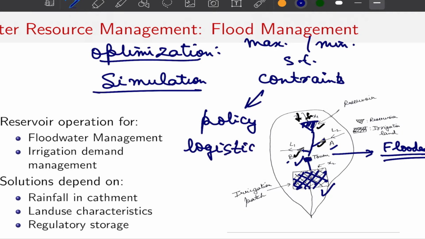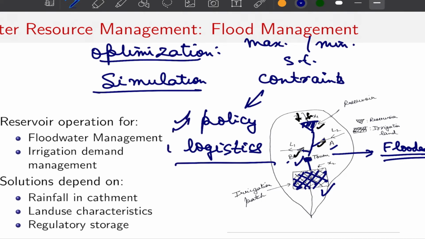Policy would mean that this river downstream should have at least this many meters of water flowing throughout the year because we want to preserve the ecosystems or forest land downstream of the reservoir. So that's a policy constraint.